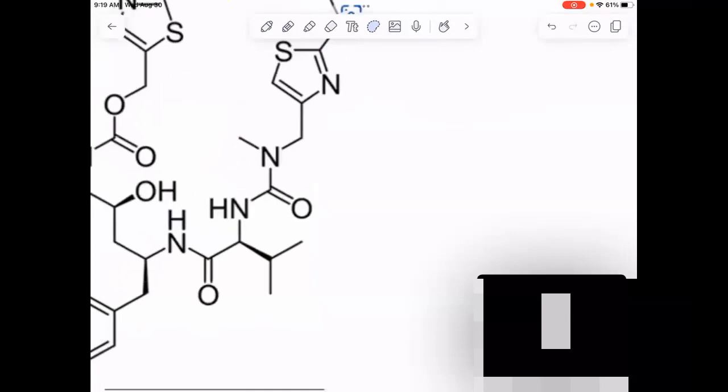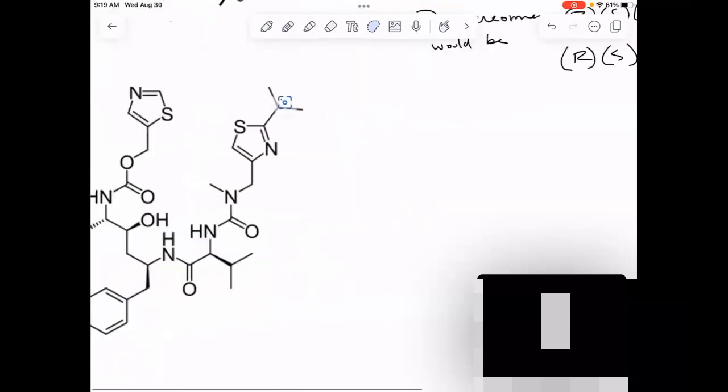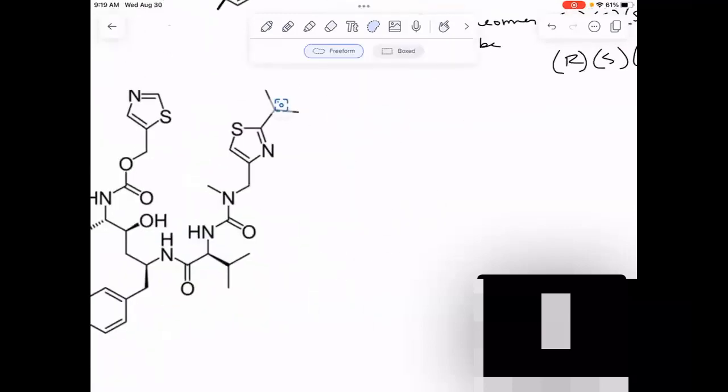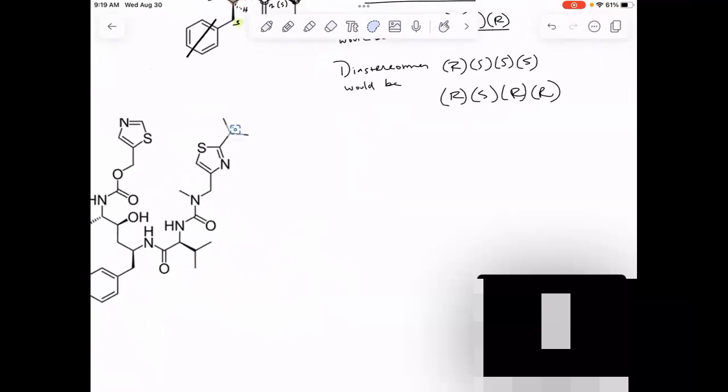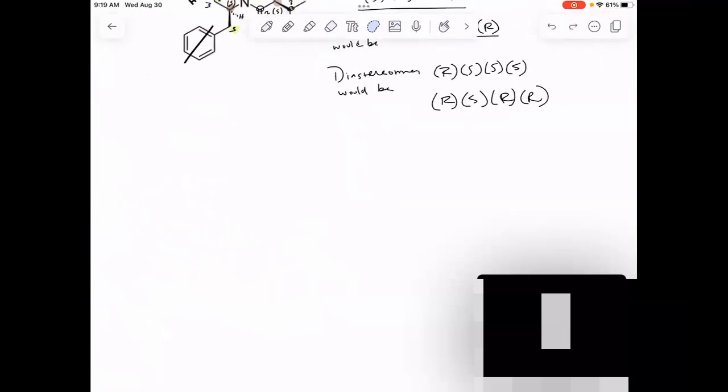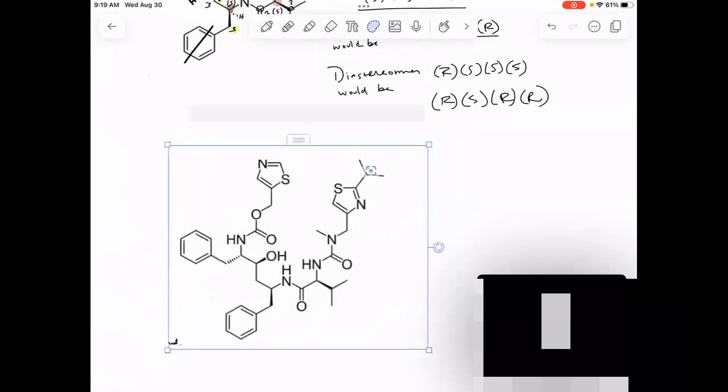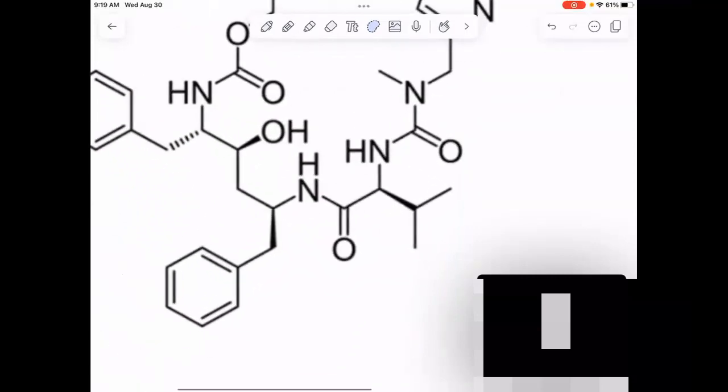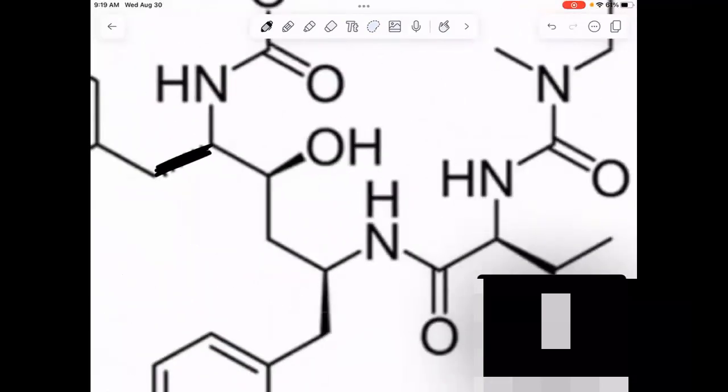All right, so if I took this, then the enantiomer would look like this, where this would now be wedged, and I know I'm cheating, and this would be dashed.